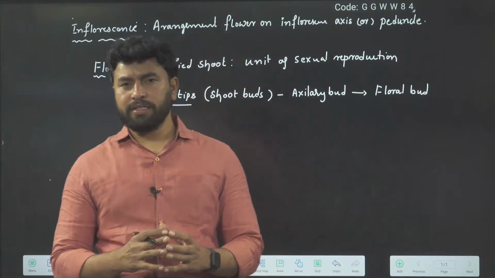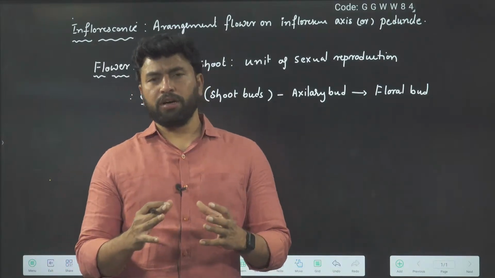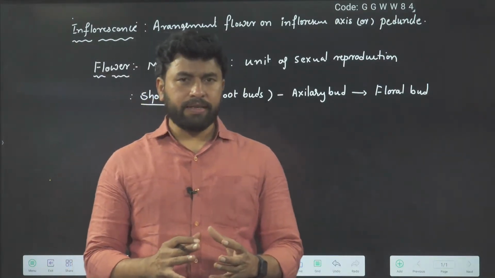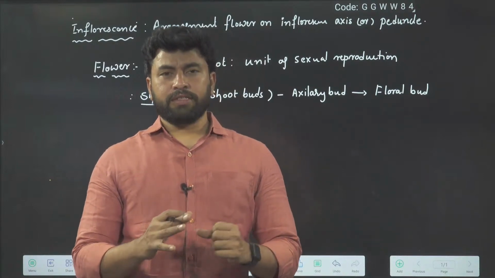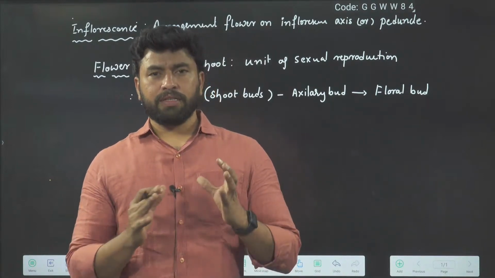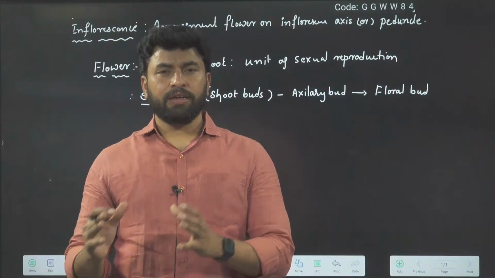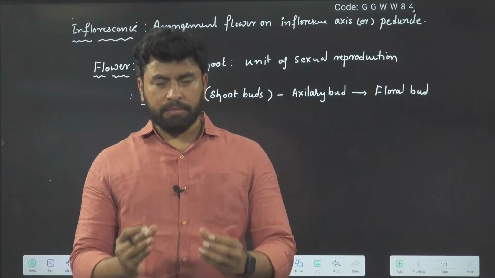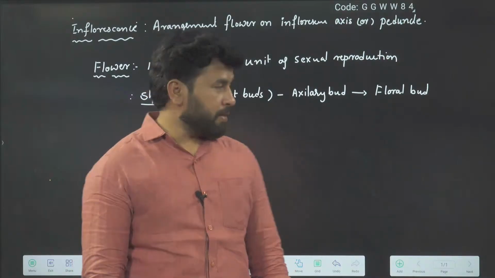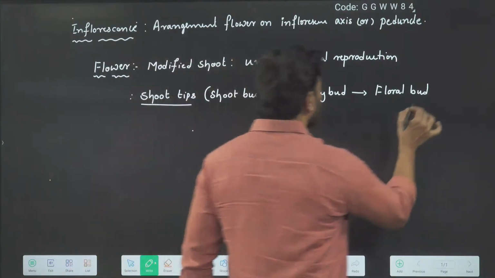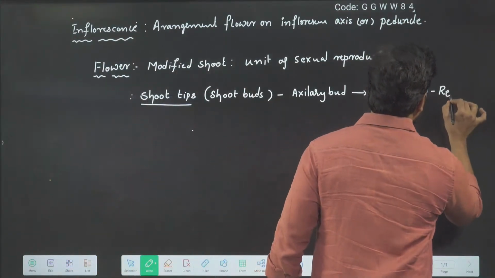They mention in our NCERT book shoot tips. Not always shoot tips. Axillary buds can also modify into flowers. Once the plant decided there is a time for flowering, the plant started to modify its buds into floral buds. Those floral buds are also called reproductive buds.